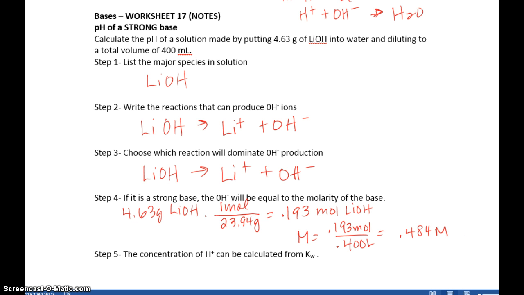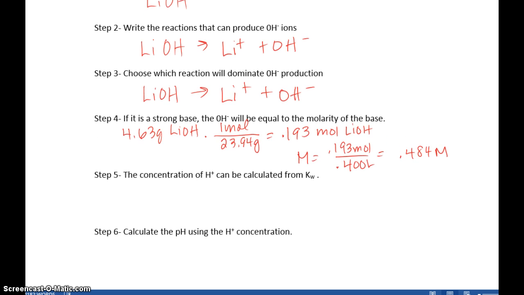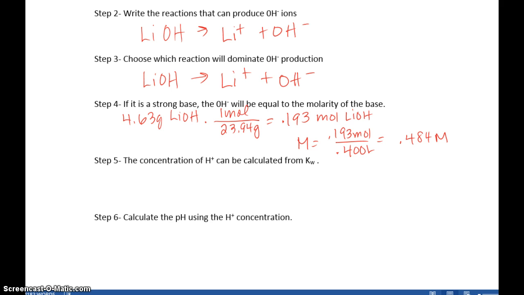Then if we scroll down a little more, the concentration of H+ can be calculated from Kw. Kw is equal to 1 times 10 to the minus 14. Remember, that's a constant, which is equal to H+ times OH-. I can go ahead and put in my 0.484 for OH-.